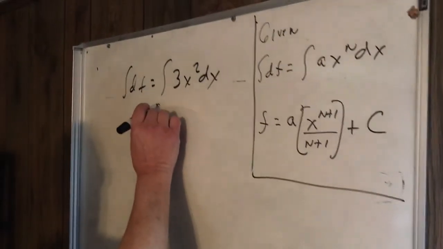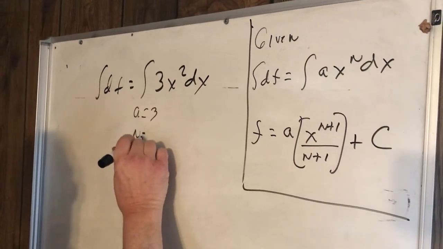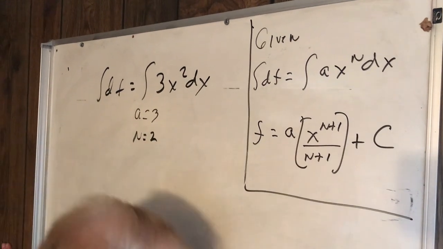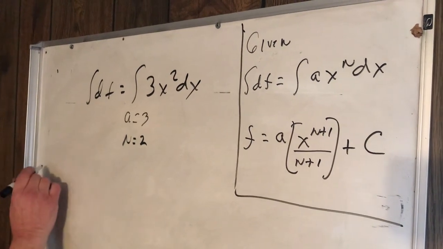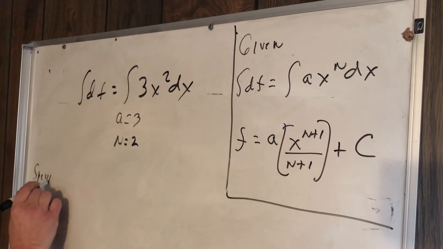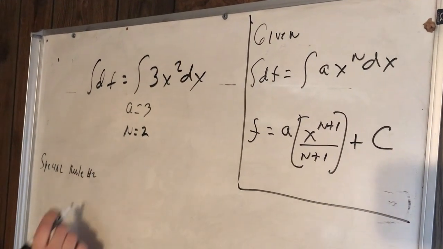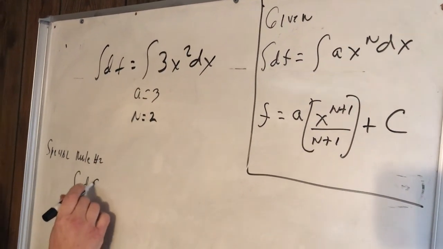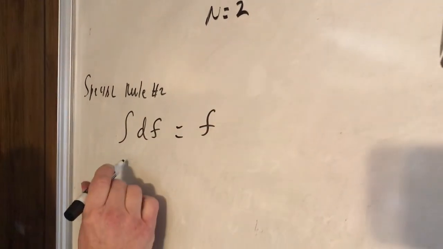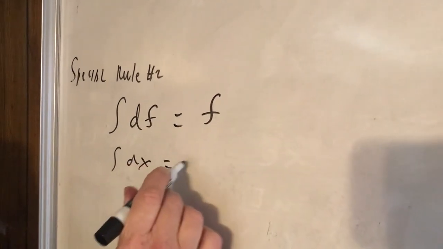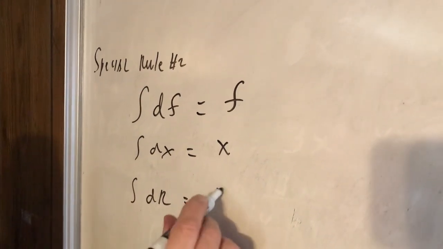I'm going to say a equals 3 over here, n equals 2. So now what you want to do is you want to know that there's a special rule. And you can say number 2. The integral of any differential is what's on the right side. So the integral of dx would equal x. The integral of dr would equal r, etc.